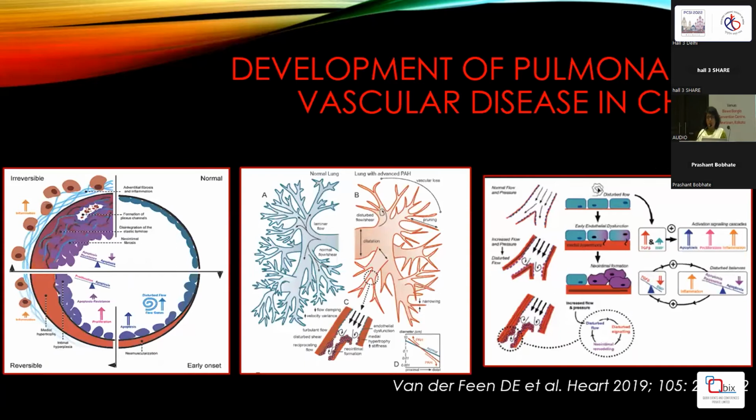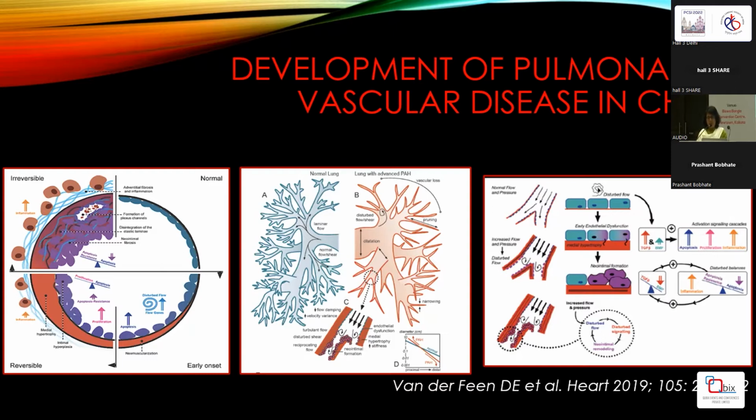No talk on pulmonary hypertension and reversibility is complete without a slide like this, which shows you PAH pathogenesis. I won't delve very deeply into this because I'm sure many of you are aware of the pathogenesis and can read it up in a textbook. But essentially, there are early pathological changes and late pathological changes as defined by lung biopsy.